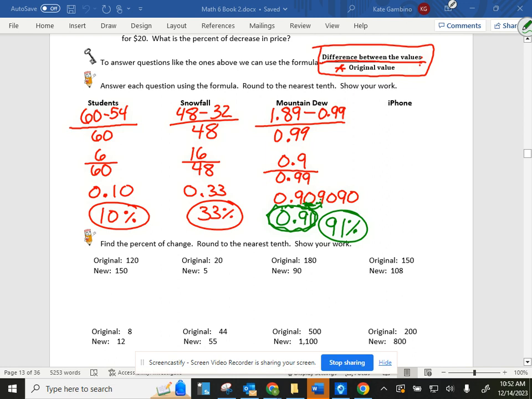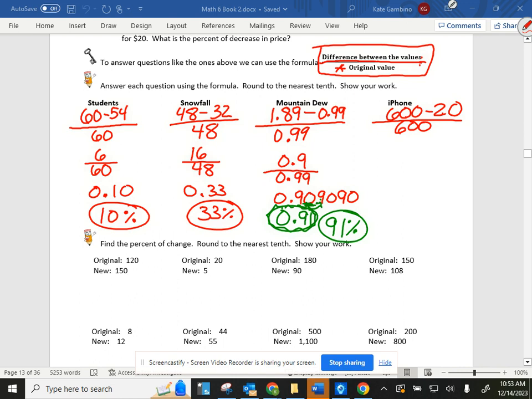Let's look at the iPhone. What am I going to write as the numerator? We're going to write 600 minus 20 over 600. 600 minus 20, because we always put the big number minus the small number, and then we put the original value as our denominator.